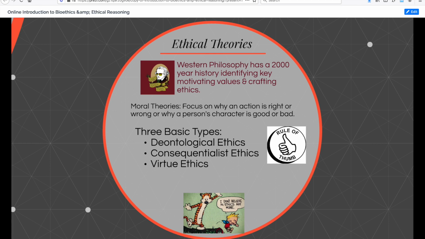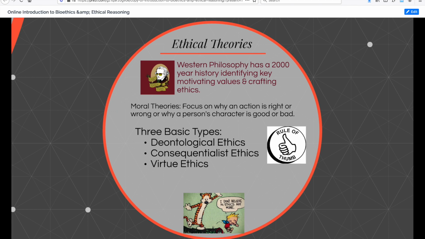Most moral theories focus on determining what actions are right versus what actions are wrong, or they focus on character. Why is so-and-so a good or admirable person? Well, this person is not so good or admirable, and leaves something to be desired.